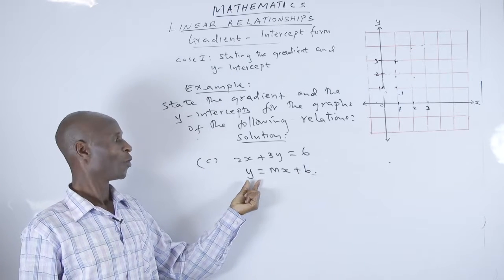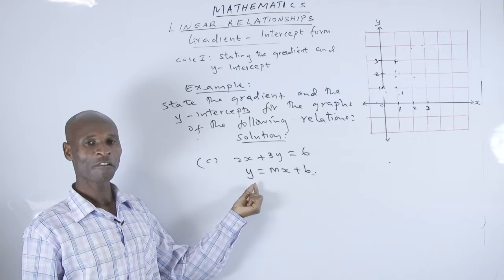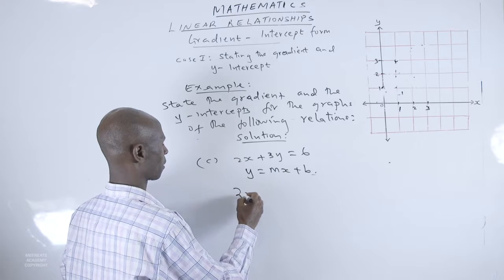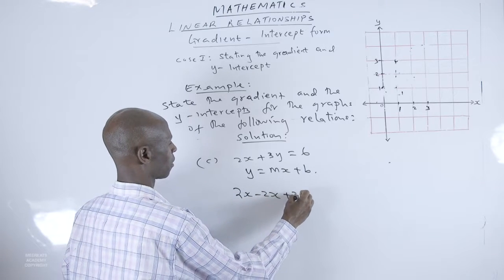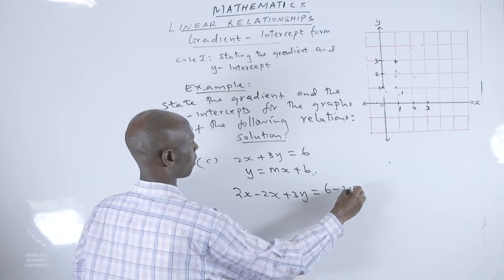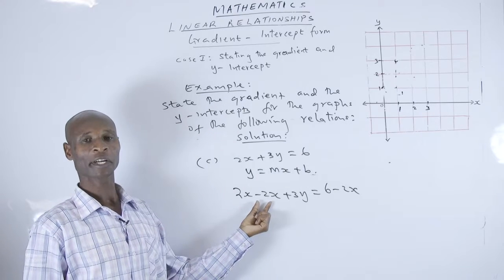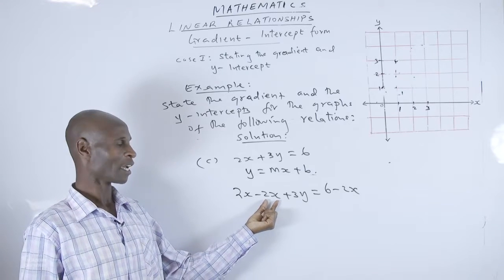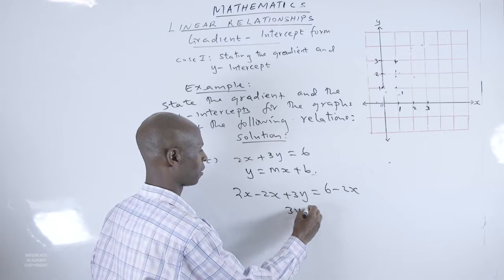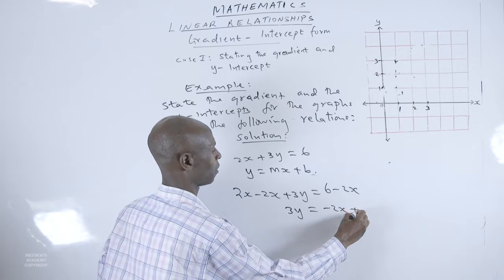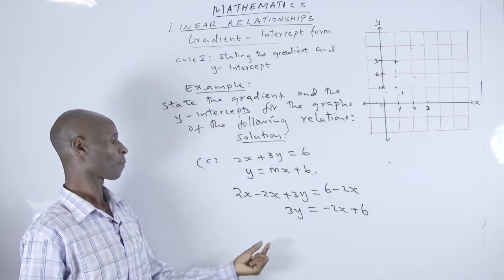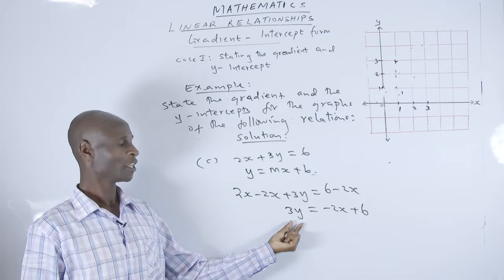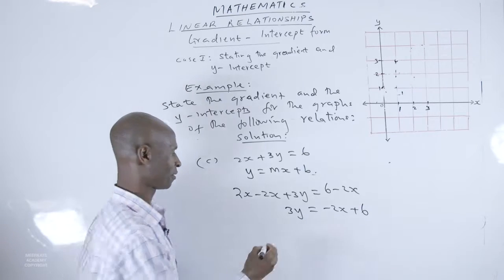To rearrange, we first subtract 2x from both sides. Once we subtract 2x from both sides, the x will be eliminated on the left-hand side. Then, divide both sides by the coefficient of y to make y the subject.